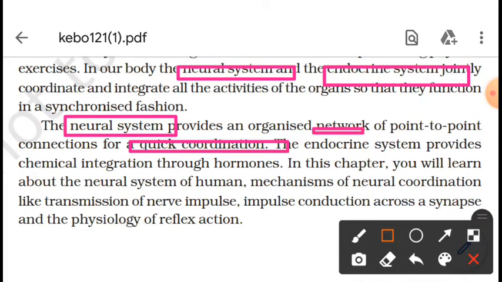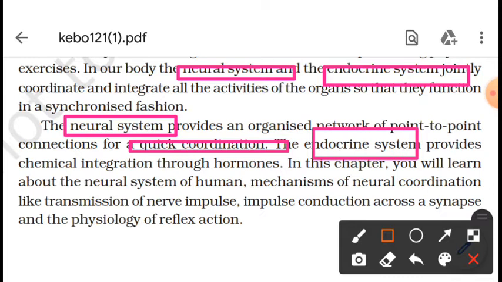If we talk about the endocrine system, endocrine glands are involved here. They secrete various chemicals known as hormones, and in this way in the human body the neural system and the endocrine system coordinate with each other.